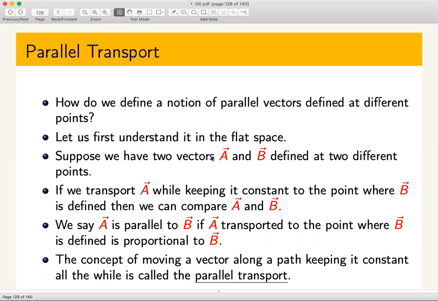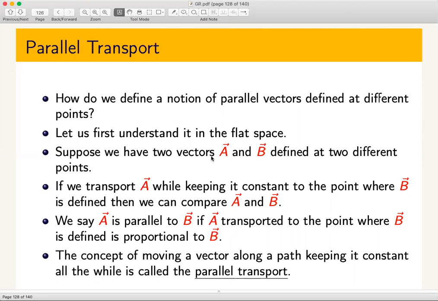Once you take it to the point where the B vector is defined, we can check whether the transported vector A is parallel or not. If the transported vector A is proportional to the vector B, then we would say that vector A is parallel to vector B. Okay, fine.